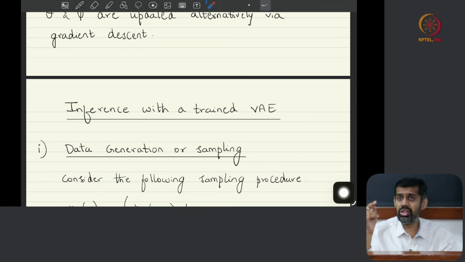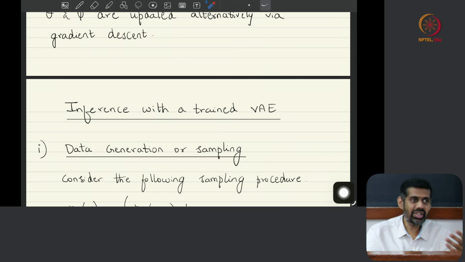No, but while you are back propagating or rather while you are updating the encoder parameters, you assume theta to be constant, just like in EM. In EM, you assume that for a given theta, see when we constructed ELBO, the question that we asked is for a fixed theta, what is the optimal phi? And for a fixed phi, what is the optimal theta? And we alternate between these two. Just like in EM.